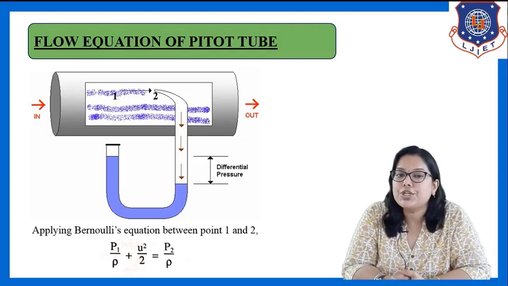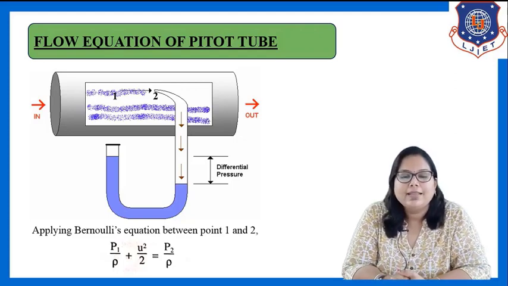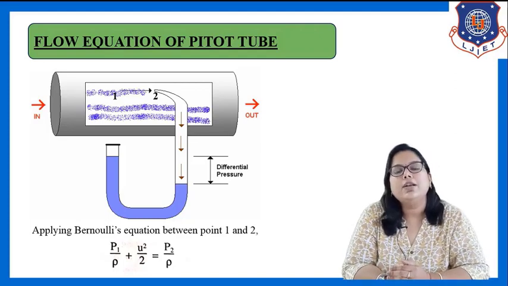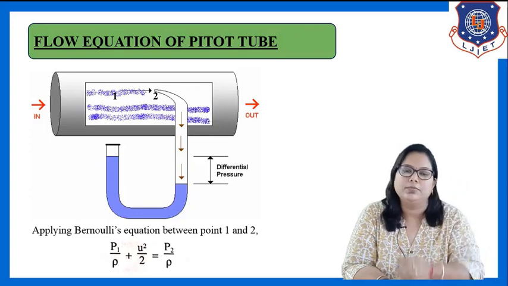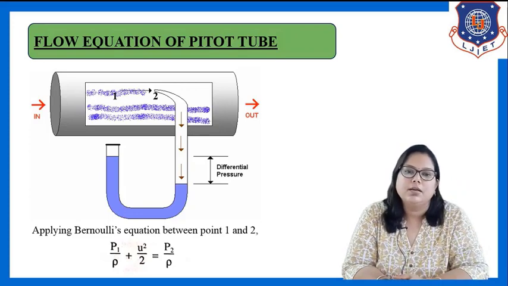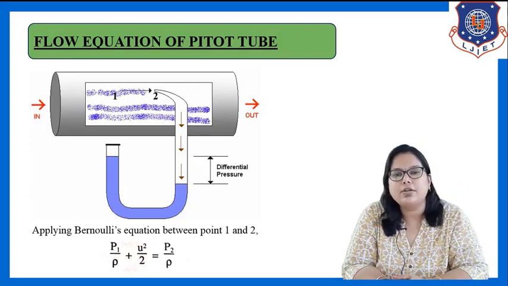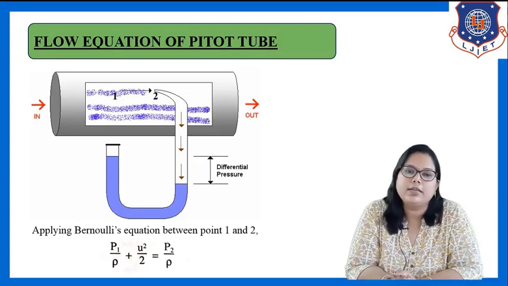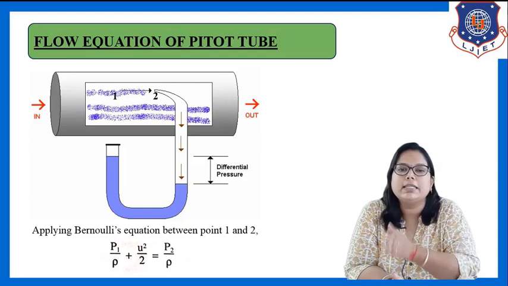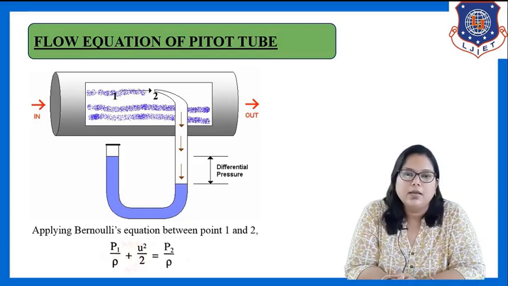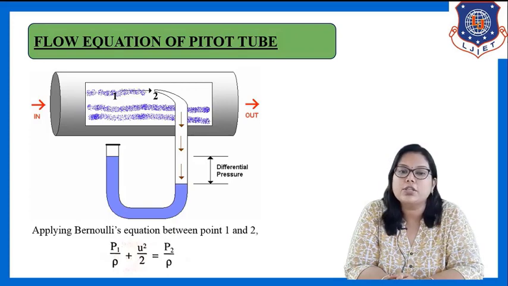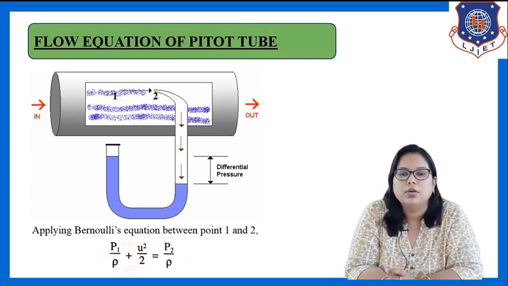Now, a question arises in our mind: why have we not written the velocity term at point 2? Z1 and Z2 obviously we have not written because there is a horizontal pipeline. So, we have not written the Z1 and Z2 terms because they cancel out. But a question arises that why we have not written the velocity term at point 2.